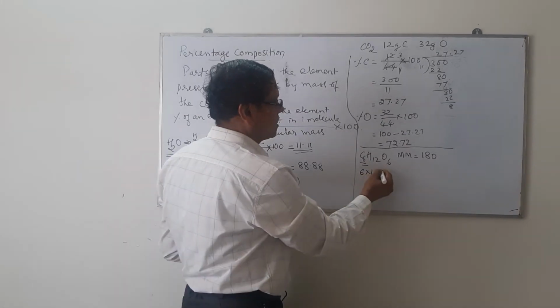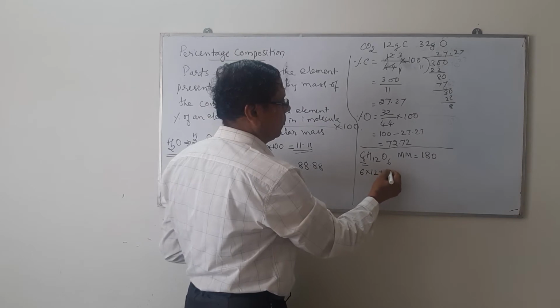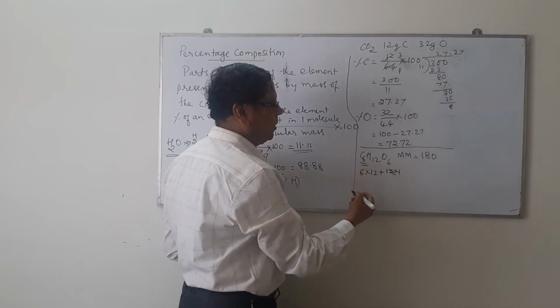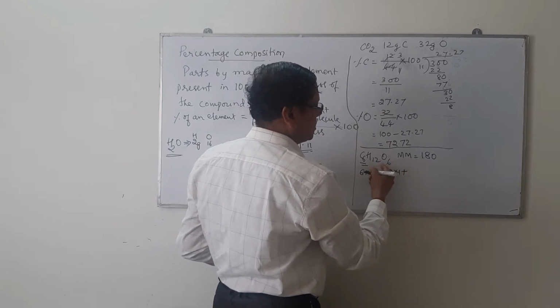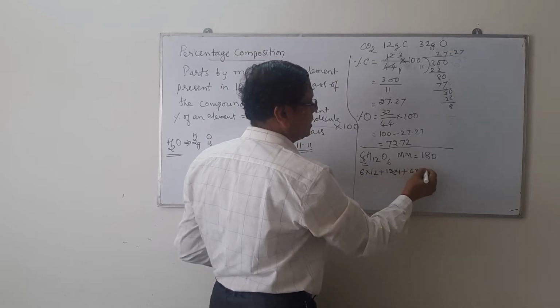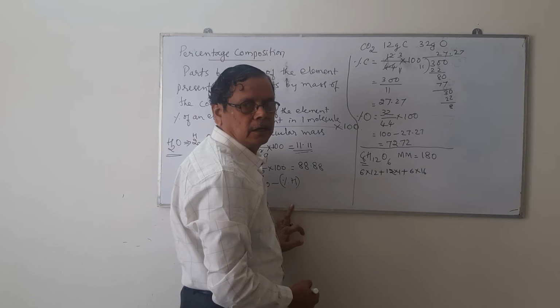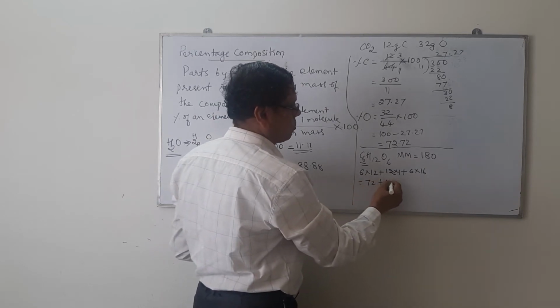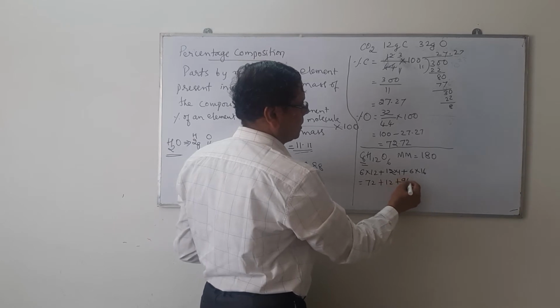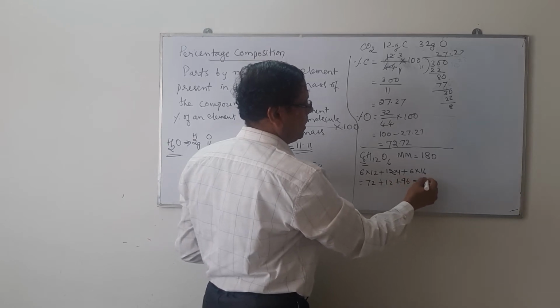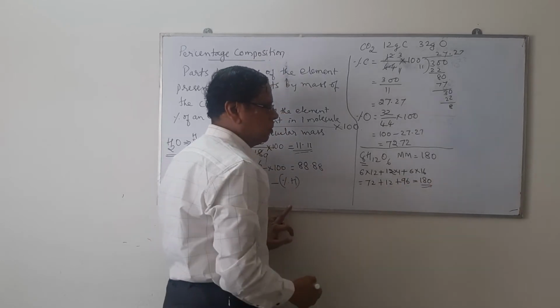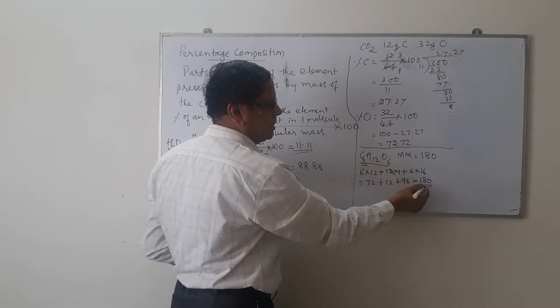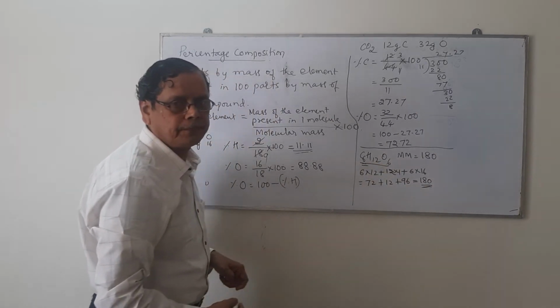There are 12 hydrogen atoms, therefore it is 12 into 1, because the atomic mass of hydrogen is 1, plus 6 oxygen atoms each having 16 atomic mass. Therefore, it is 72 plus 12 plus 96, that comes out to be 180. So the molecular mass of glucose is equal to 180.